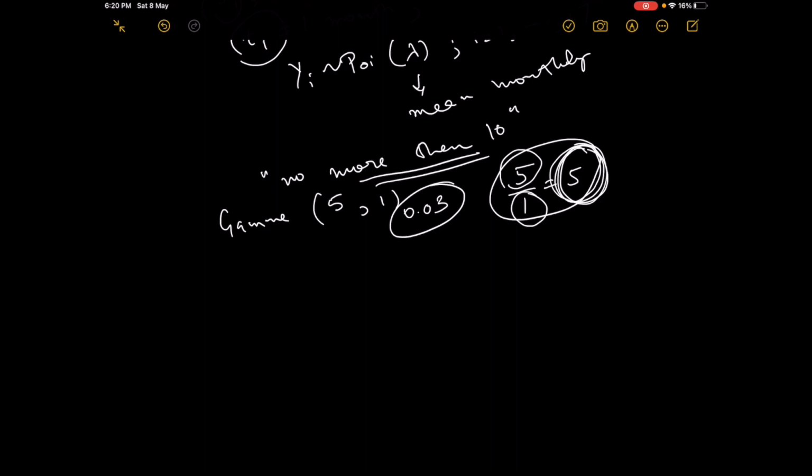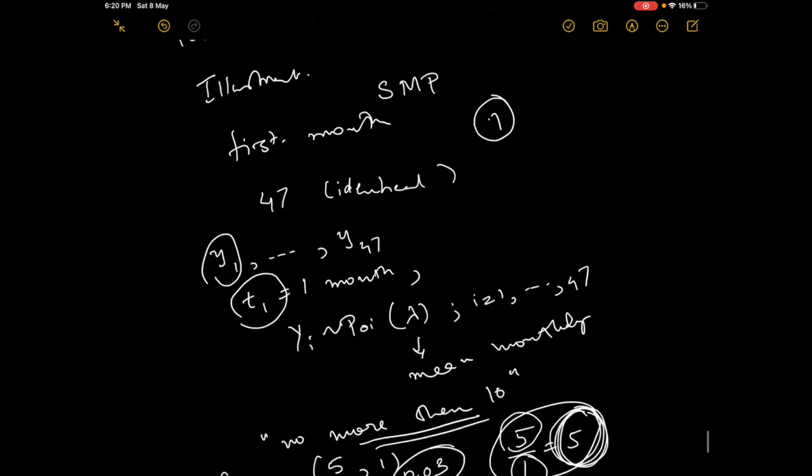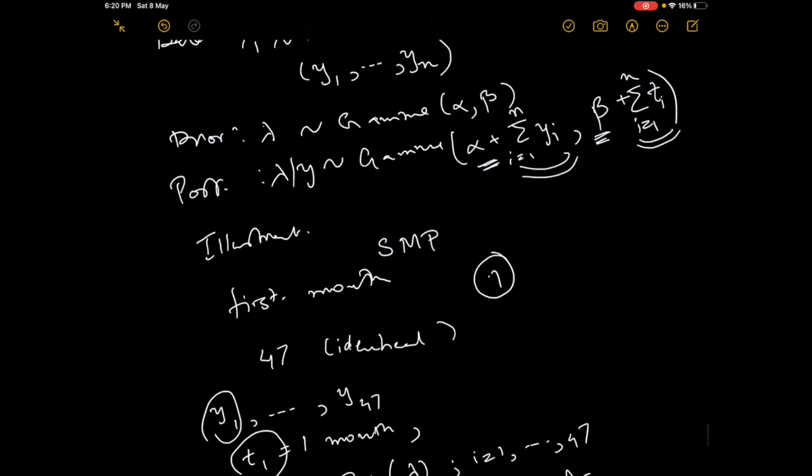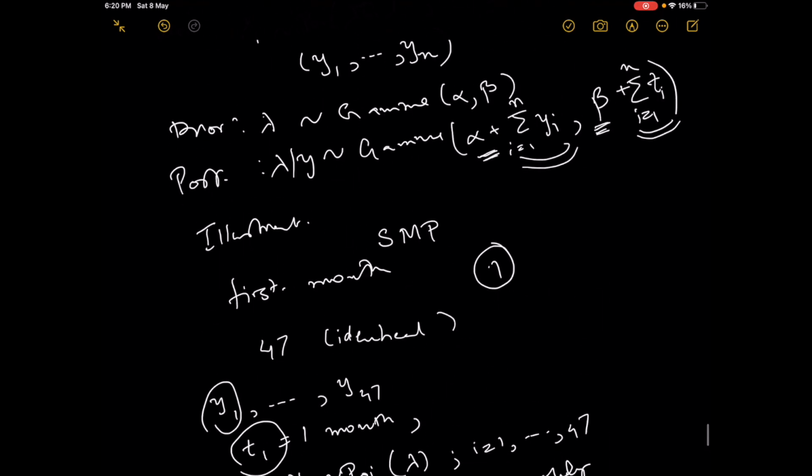Then the posterior in this case, according to our earlier specification, will be based on data. Now, my data is that we have observed 132 monthly failures for the 47 SMPs. So the total summation of yi for i from 1 to 47 is recorded to be 132.